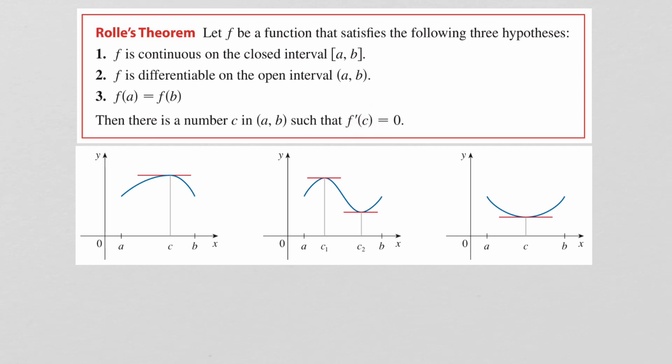Let's take a look at these graphs to help us understand Rolle's theorem. So first of all, let's start with the third thing. f of a is equal to f of b means that these two values are the same. f is continuous on the closed interval means that you can graph the function from this point to the other point without lifting your pen off the paper.